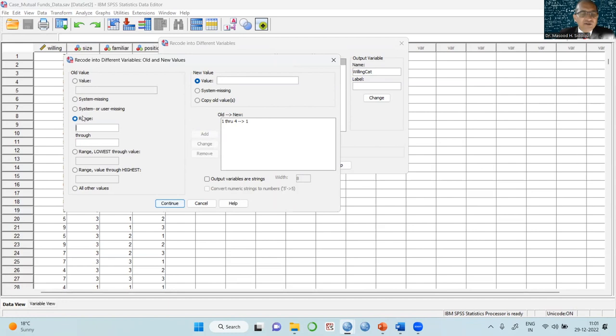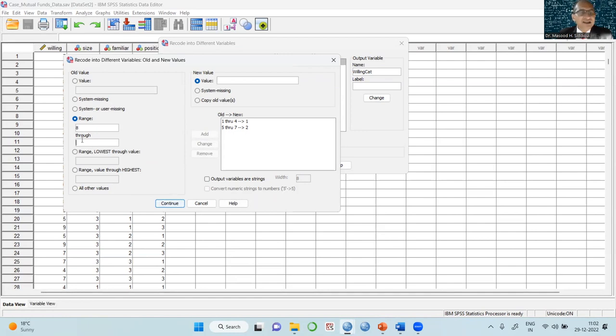Then we have 5 to 7, the second range, and the corresponding value would be 2. So we input 5 to 7, and here the value is 2, and we click Add. So 5 to 7 would be converted to 2. Then the next one is from 8 to 11.